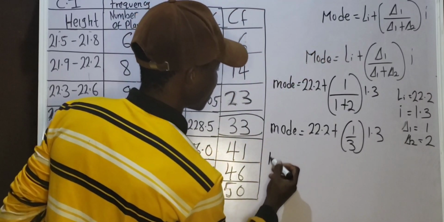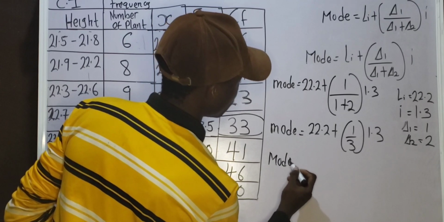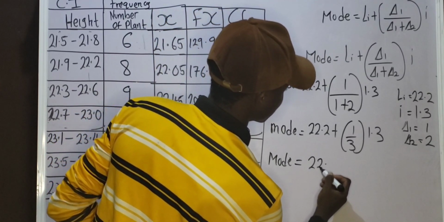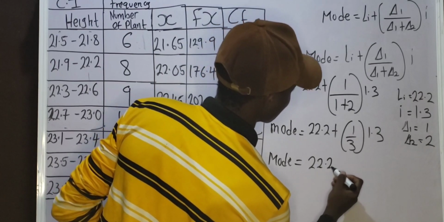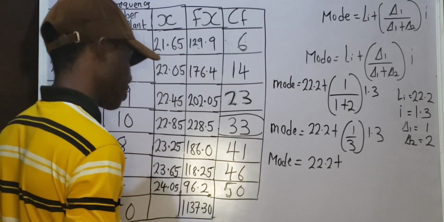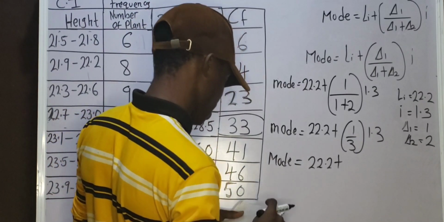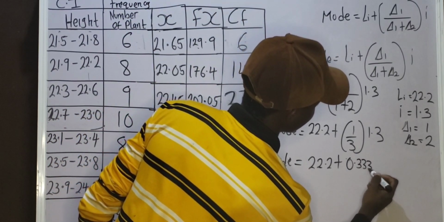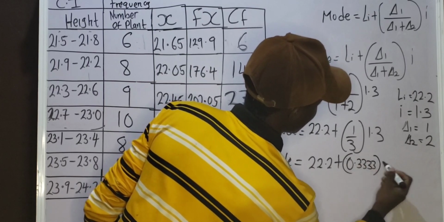Okay, don't forget that it is important that you make use of BODMAS. So we go for the division first, or bracket. 22.2 plus 1 divided by 3, that is 0.333. So 0.3333 multiplied by 1.3.